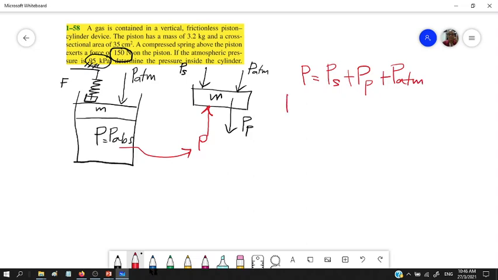To look at the individual pressure, this is equal to F divided by A for the spring. Please take note, if this is in Newton and this is in meter squared, then you will get Pascal.